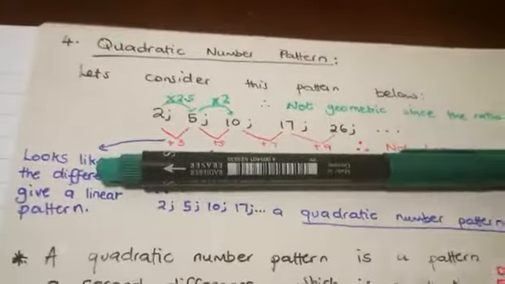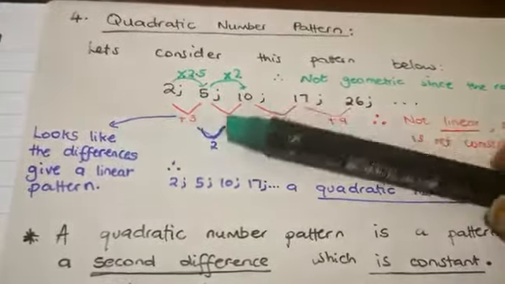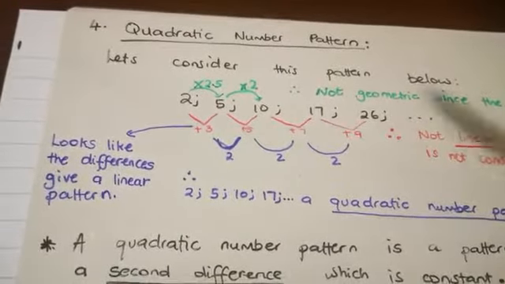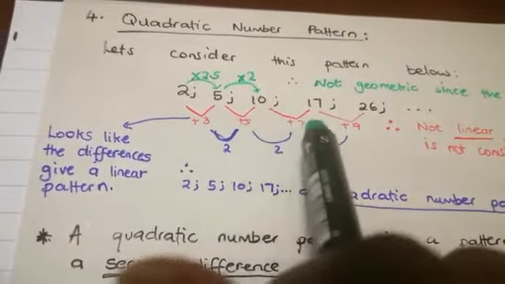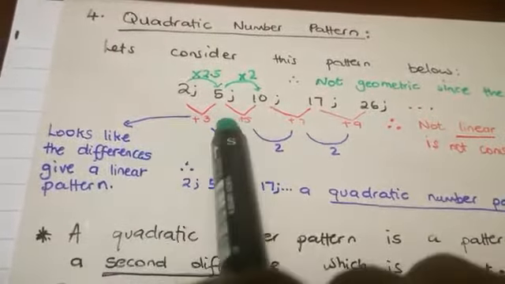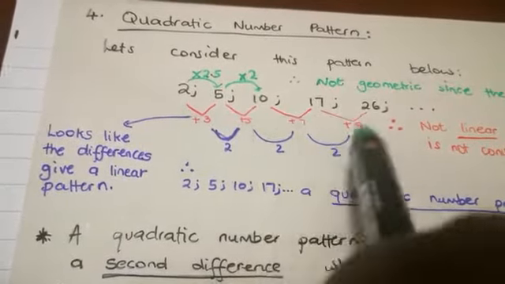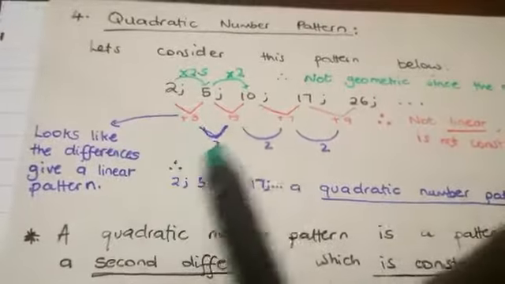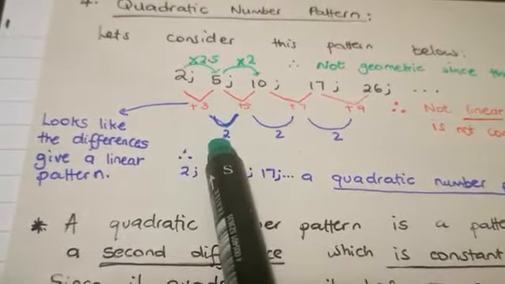So what type of number pattern is it then, if it is not geometric and it is not linear? If you look at the numbers 3, 5, 7, and 9, it looks like they form a linear number pattern. Why do I say it is a linear number pattern? From 3 to 5, it's plus 2.